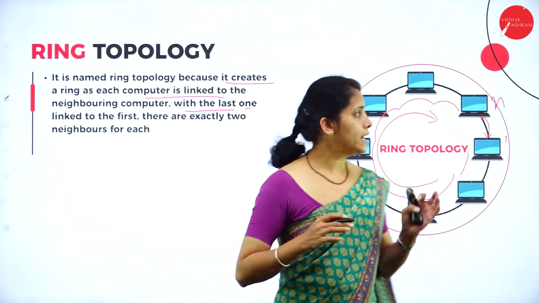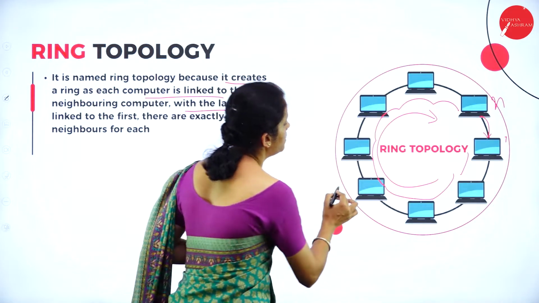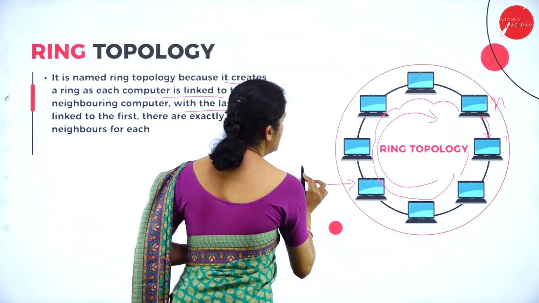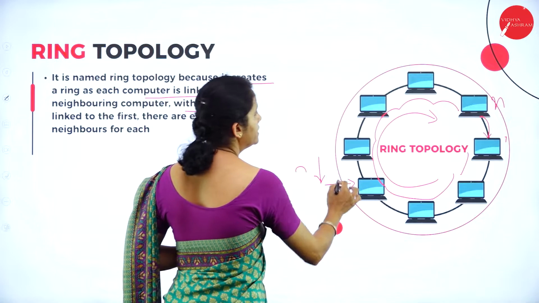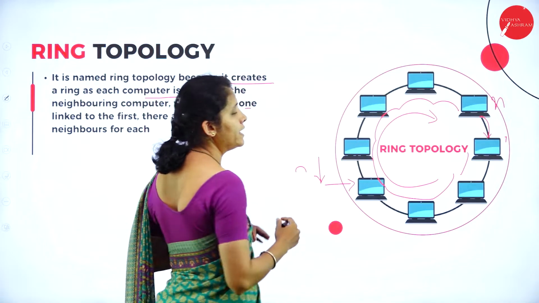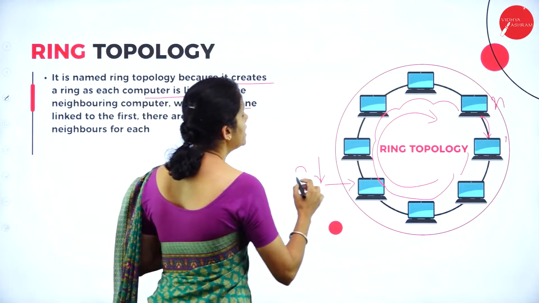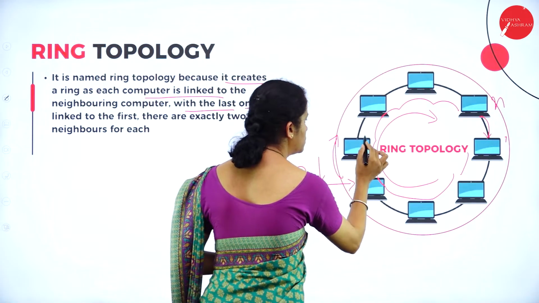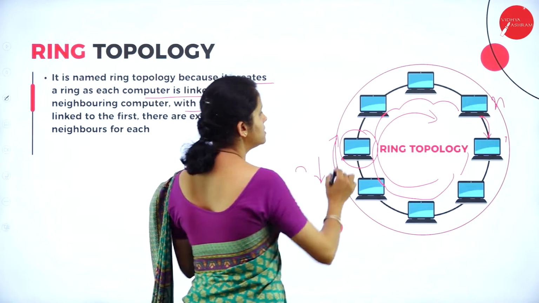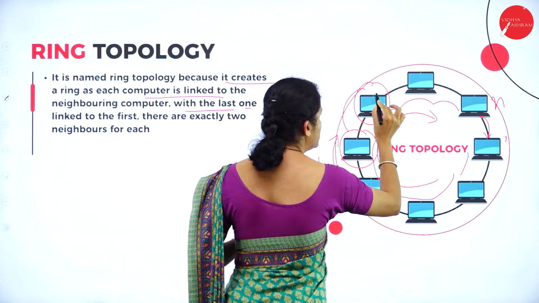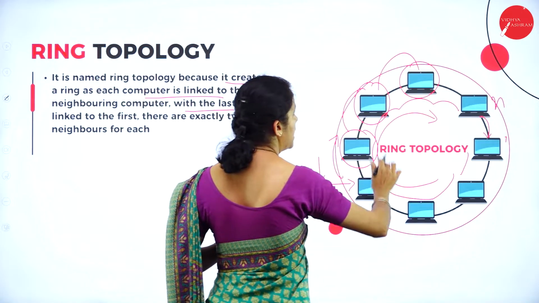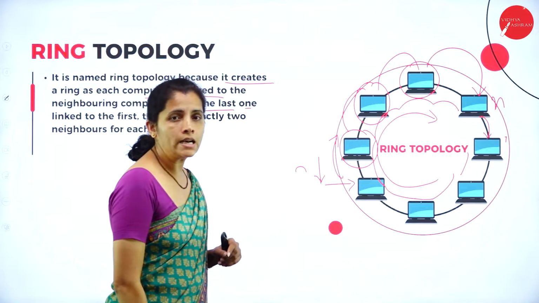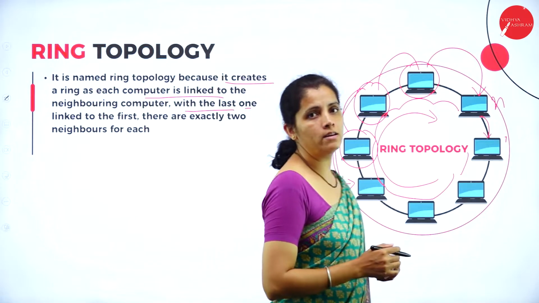See here, if I consider this diagram, suppose from this node I want to send the data to the nth node. When I send the data, it is going to flow sequentially from this system to this system, and from this system to this system, and from this system to this system. So the data travels in a sequential manner.